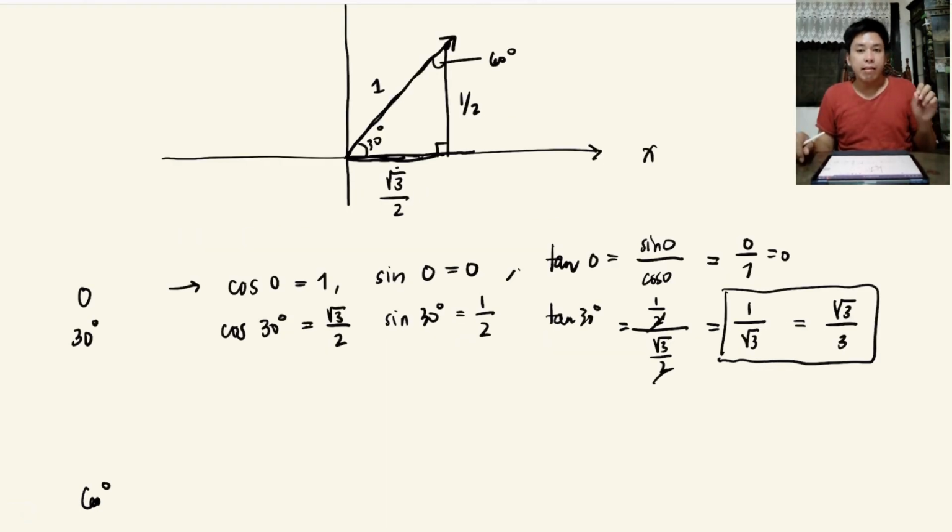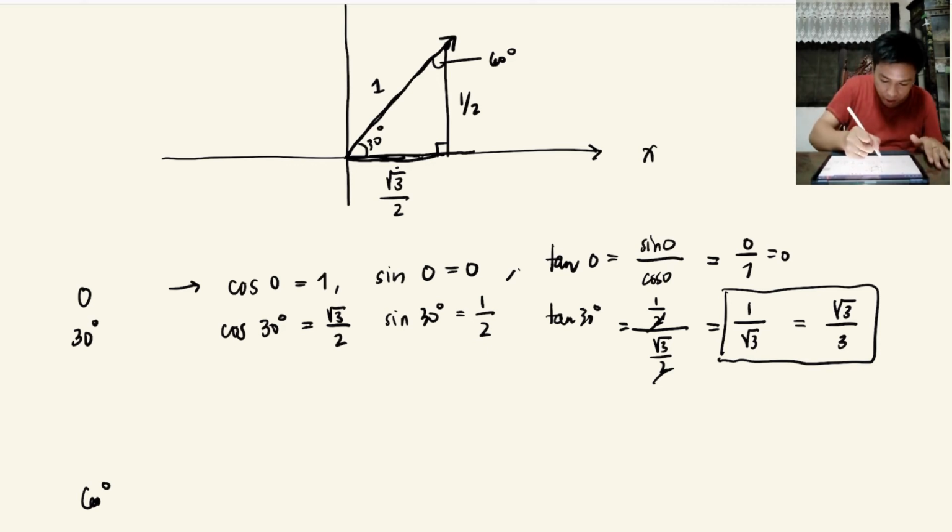So before we get the value for cosine, sine, and tangent of 45 degrees, we will use 60 degrees first because 30 degrees and 60 degrees are related to each other. In fact, they are co-functions. And remember on our previous videos, when they are co-functions, that means to say that the cosine of 30 is the same as the sine of 60.